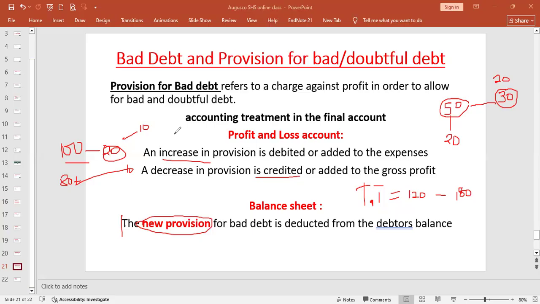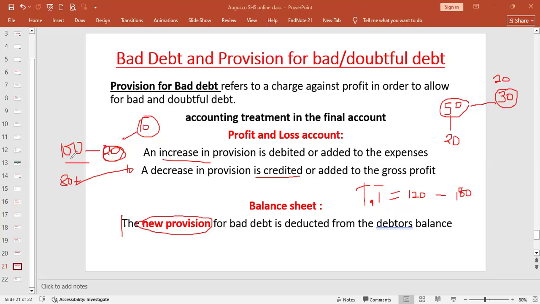So there is always the case that you have a previous and a new, old provision and new. In our discussion, the 20 cedis is the old and the 10 is the new, right? And the new actually comes about when you have seen the actual expenses, or sometimes when conditions have changed and what you earlier provided for has to be decreased.